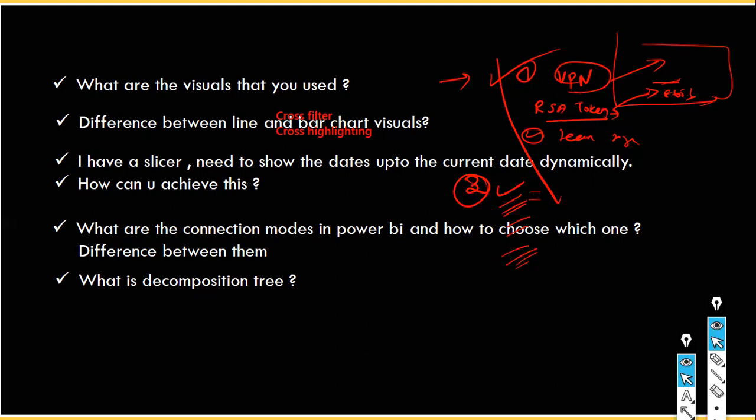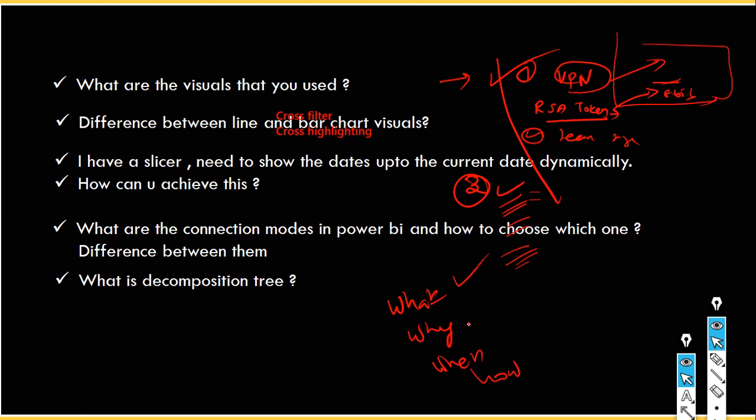The next step is how you created the sync slicer. So what it is, why you used it, and how you used it. What, why, how. If you learn any subject, you need to keep these things in mind, the 3 W's they say, right? What, why, when you use it, how you use it.